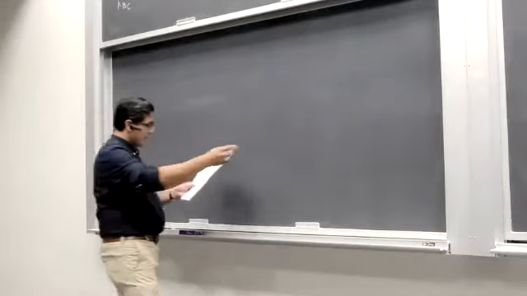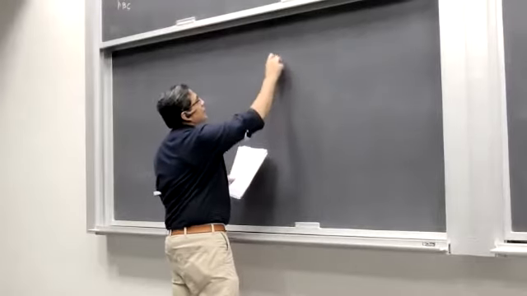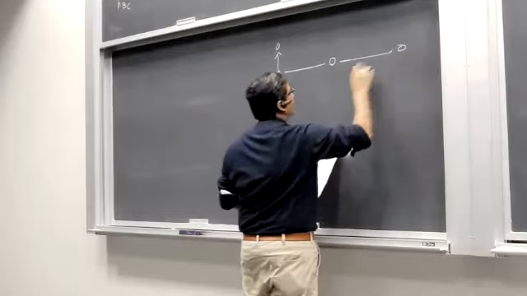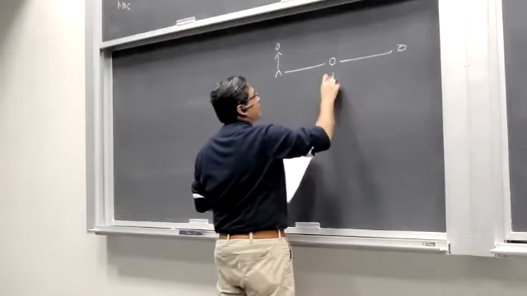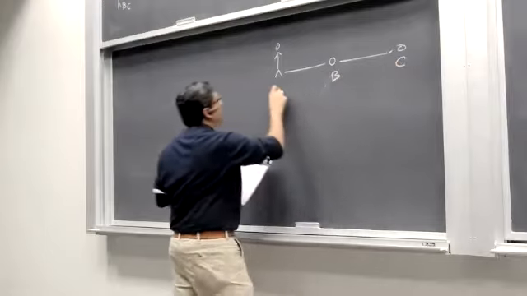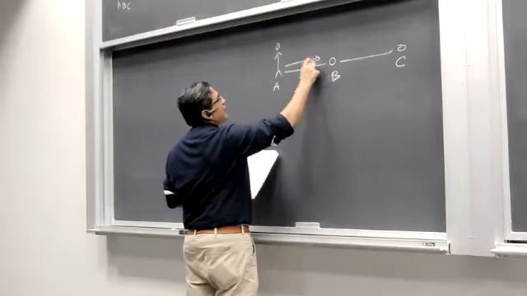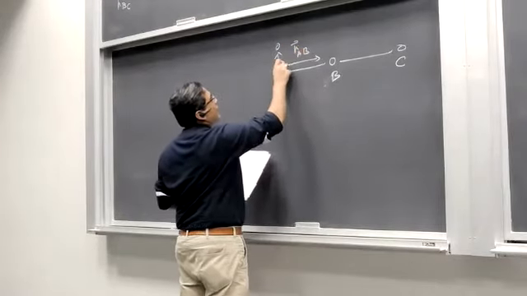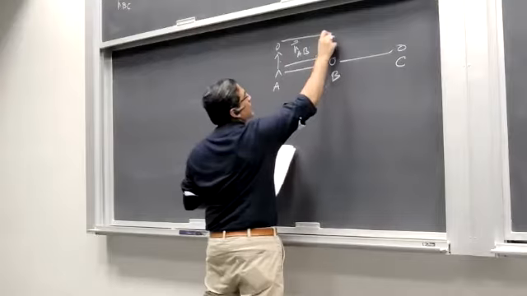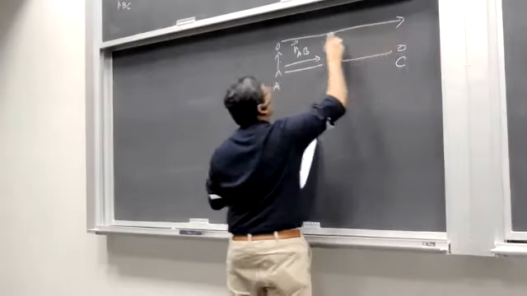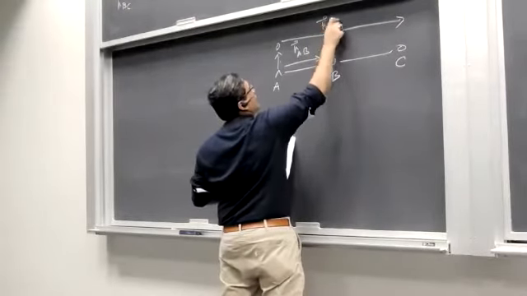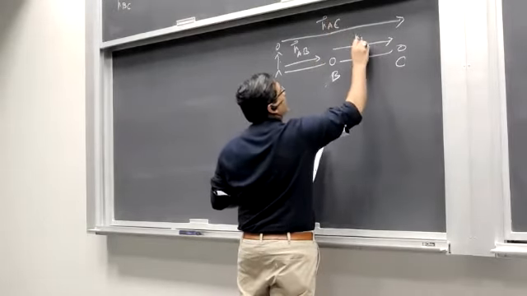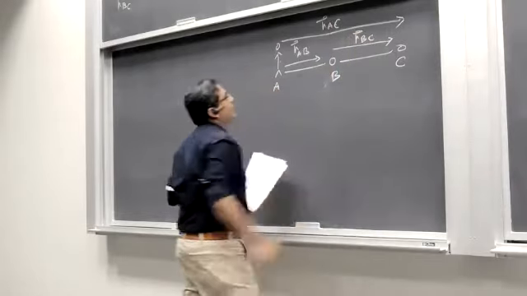I'll just rewrite the vector and then make a short diagram, just points B, C, and A. RAB, RAC and RBC, right?